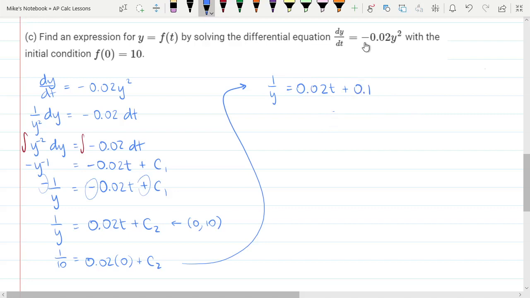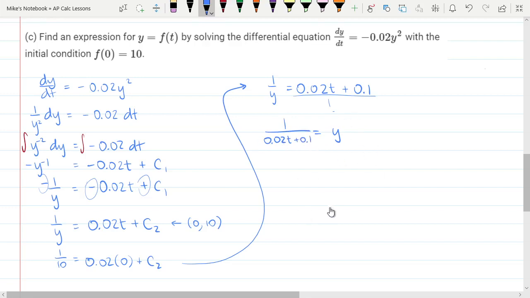Now there are two ways you can go about solving for y, because right now y is in the denominator. Of course, we don't want it down there. We need it to be in the numerator. So there are two approaches. We could cross multiply, so we would multiply by the y and then divide by this whole expression. That would give me a y on one side, and then 1 over 0.02t plus 0.1.